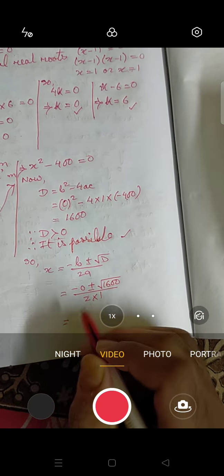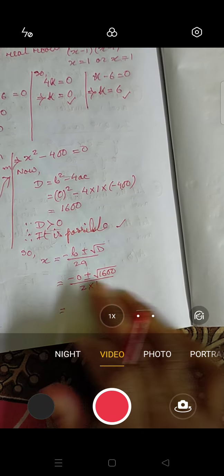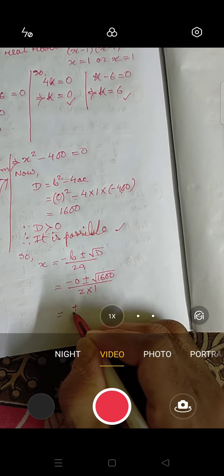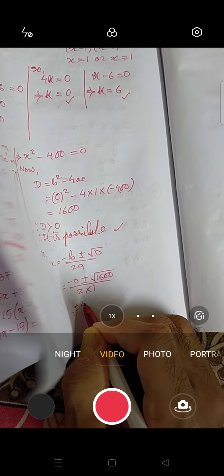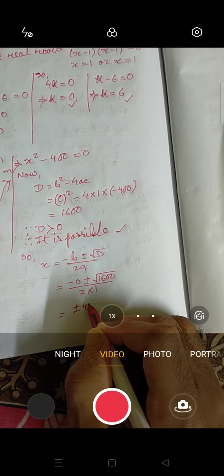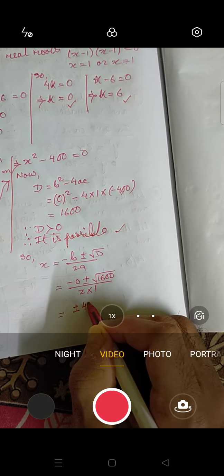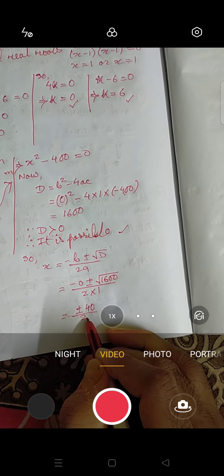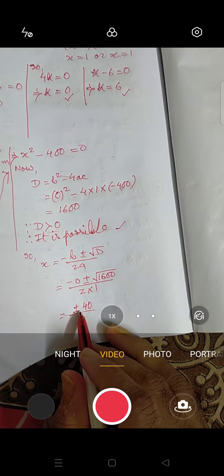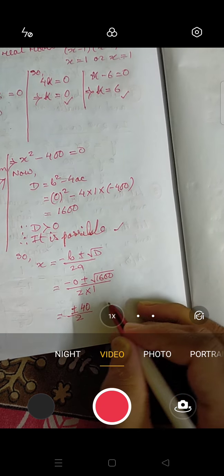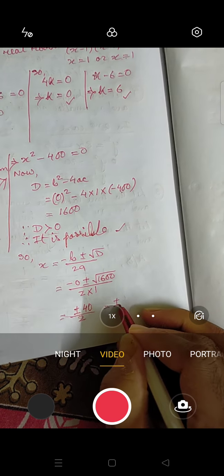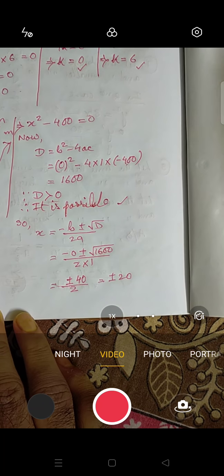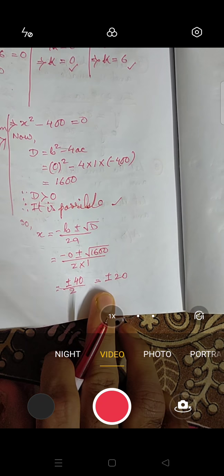So minus 0 we can eliminate, so we'll be having plus minus 40 divided by 2. Now after solving this one, we will be having plus minus 20. Yes or no? So the value of x is plus minus 20.